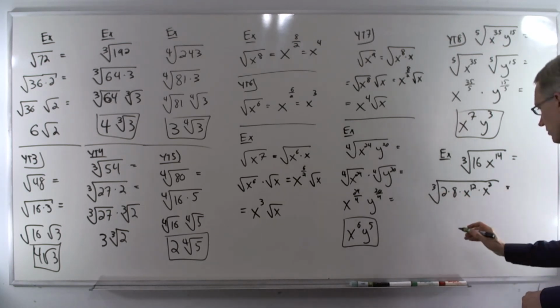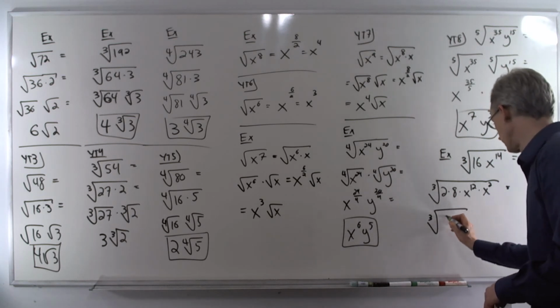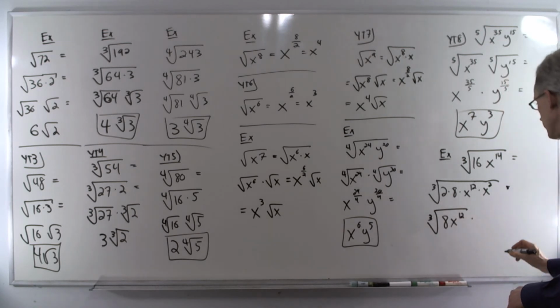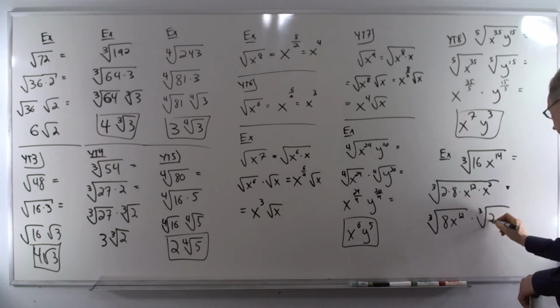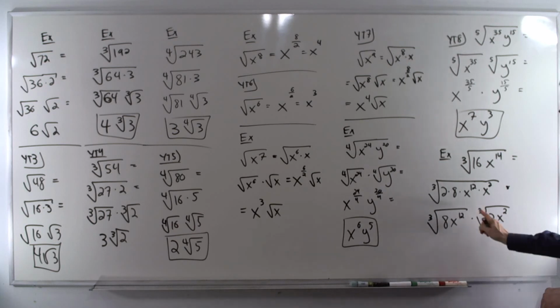So we're going to separate those off into one radical. I usually write that as the first radical. So we got the third root of 8 x to the 12th power times the third root of all the leftovers, so 2 and x squared. Now this one can be simplified and that one's done.